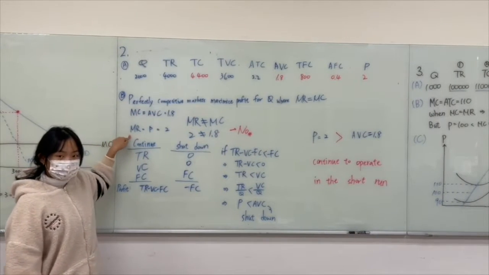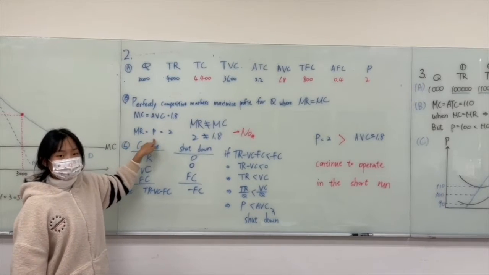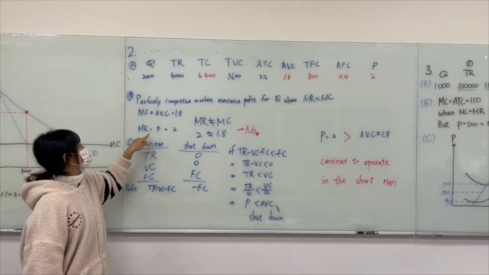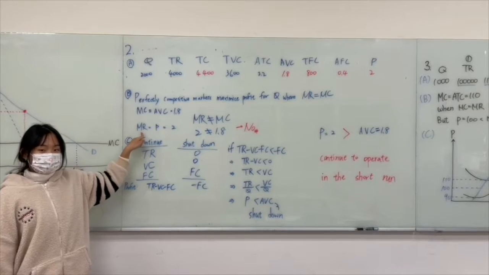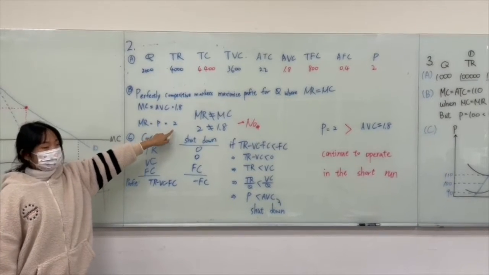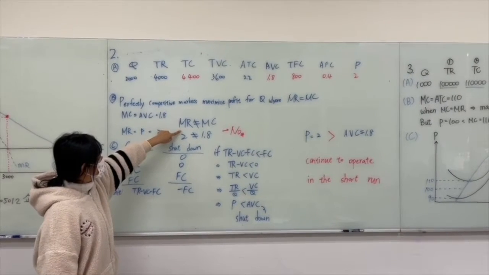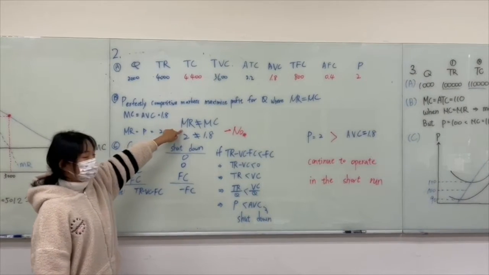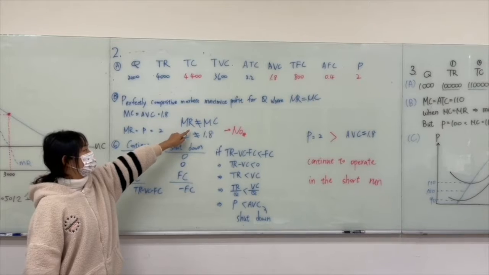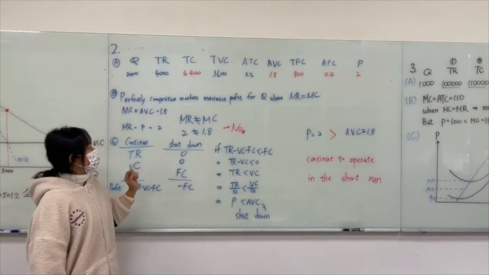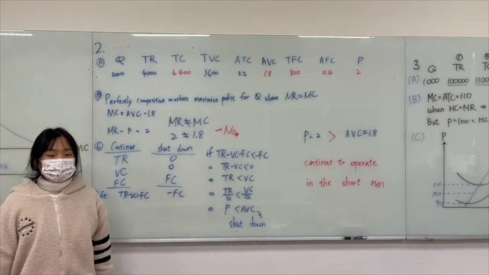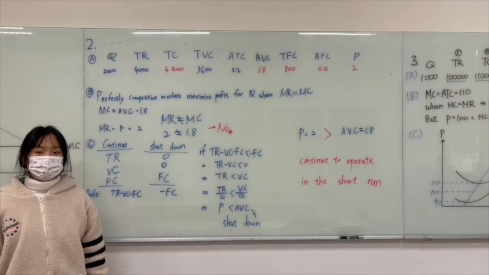And marginal revenue equals price, which is 2. In this question, marginal revenue doesn't equal marginal cost, so the firm is not maximizing its profit.